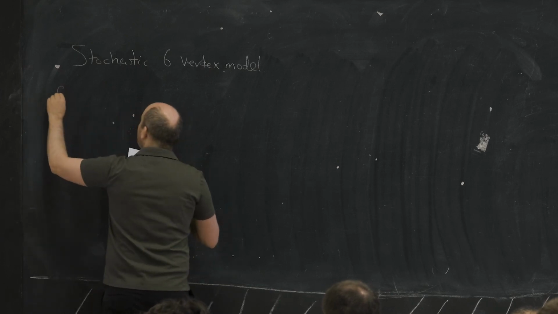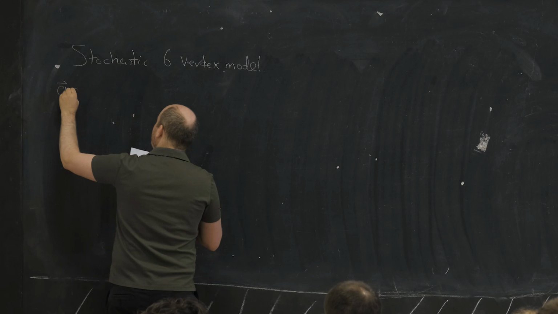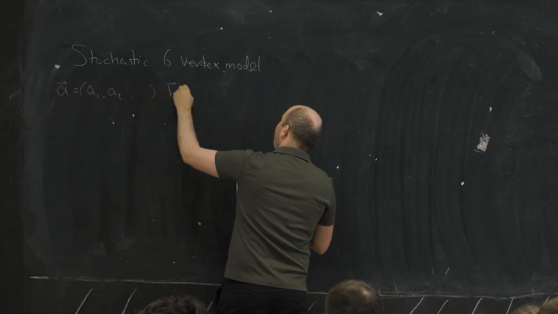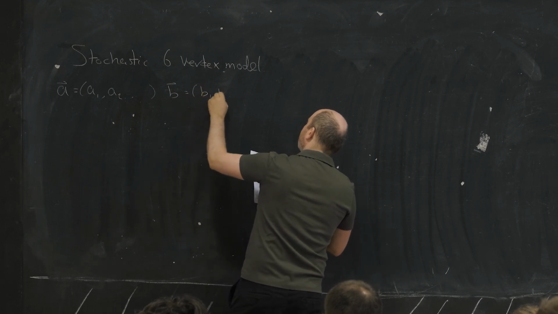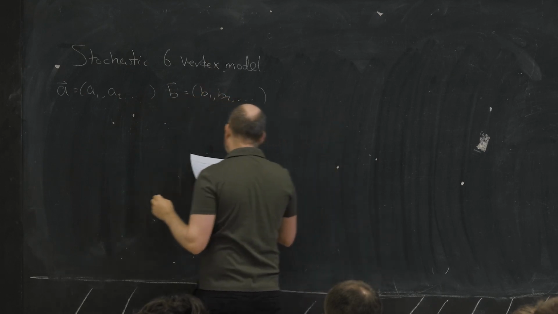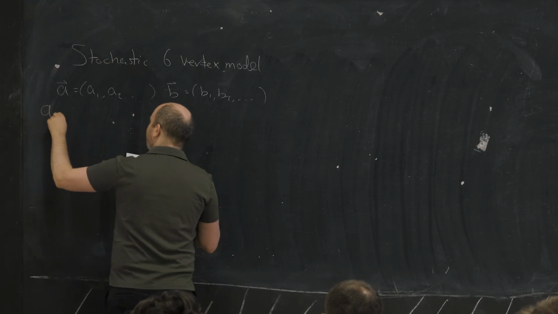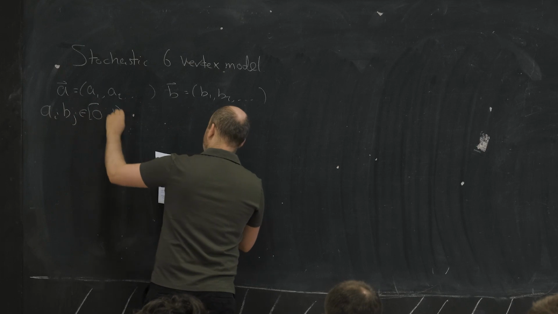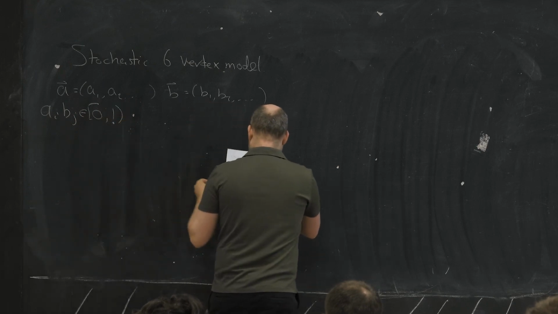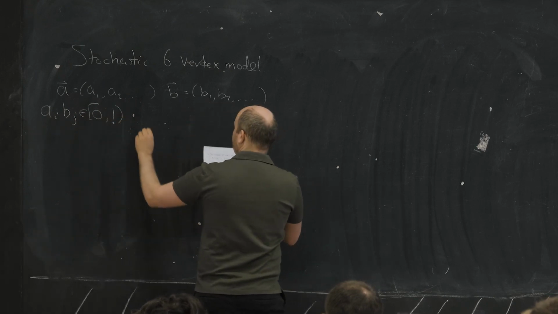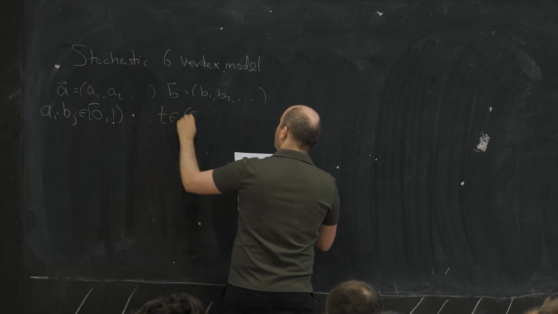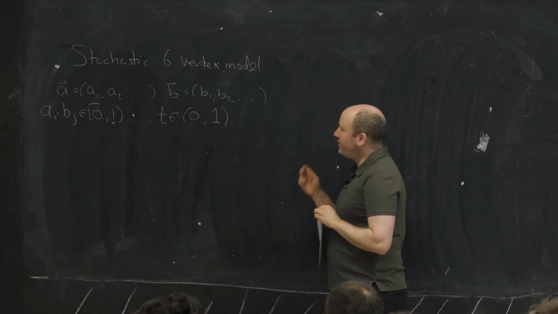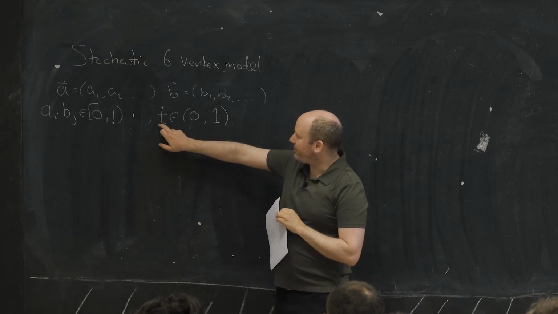This model is going to depend, again, on some set of inhomogeneities, A and B, and it's going to assume, as before, that the a_i's and b_j's are between 0 and 1. And it's also going to depend on a parameter t, which is also assumed to be in (0, 1). This parameter is just fixed.